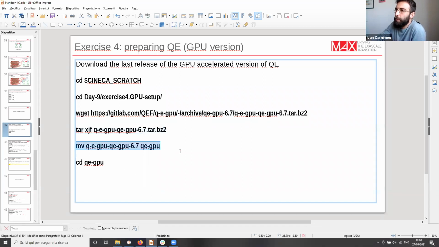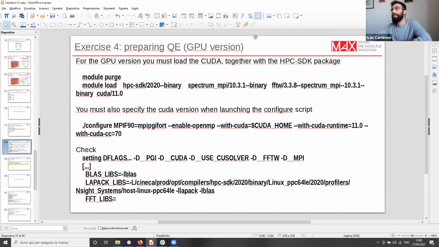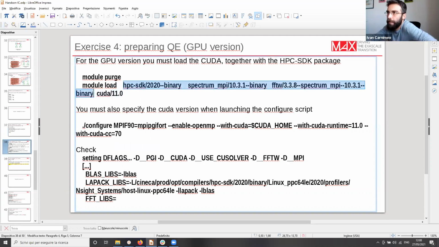installation. You change the name of the directory for your convenience, because here the name is clearer. You go inside the newly created directory, and here you load the module files. We see that we are still loading the same modules as before up to here: HPC SDK, where Fortran is included, Spectrum MPI for MPI parallelism, and FFTW, because these are the FFTs we are using.